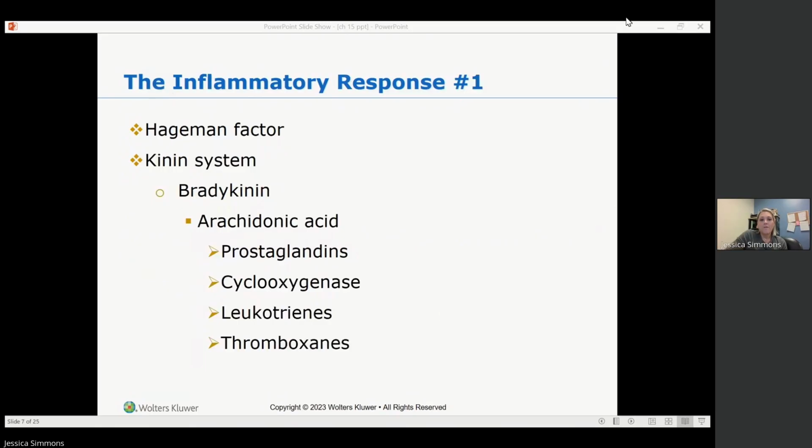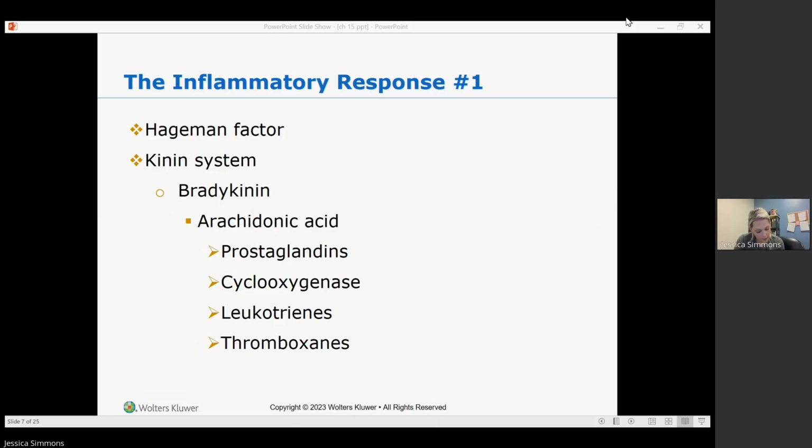The inflammatory response starts on page 260. The Hagman factor. Cell injury causes the activation of a chemical in the plasma called factor 12, or the Hagman factor.